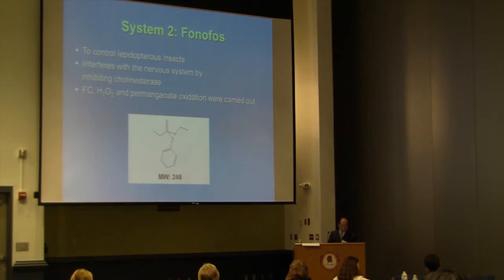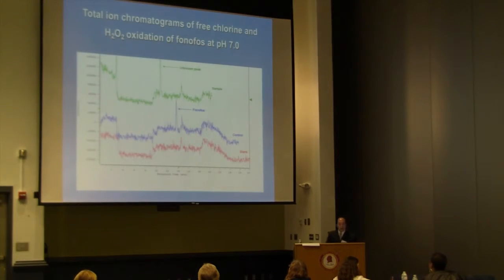So here is just the formula of the structure of this compound. And again, this one is the chromatogram. We use the mass spectrometry as a detector, okay? To detect and monitor any potential byproducts.